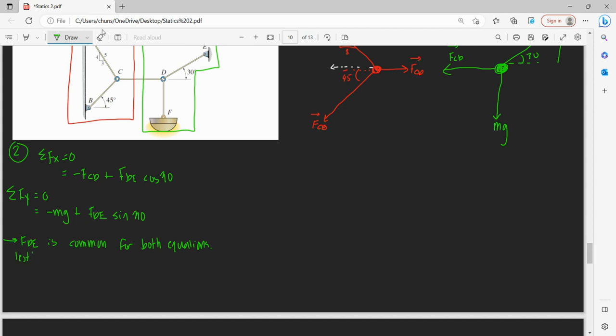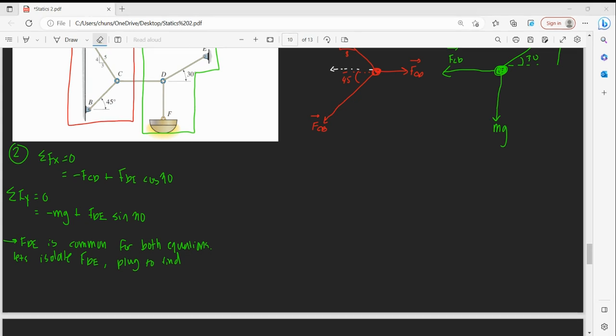So let's isolate FDE and then plug to find our other value, which is FCD.